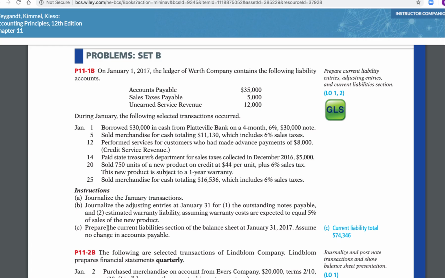Now, we have to do part C. Prepare the current liability section of the balance sheet at January 31st, 2017. Assume no change in accounts payable. Okay, so that's easy. So accounts payable looks like it did not change, right? There was no change in there.